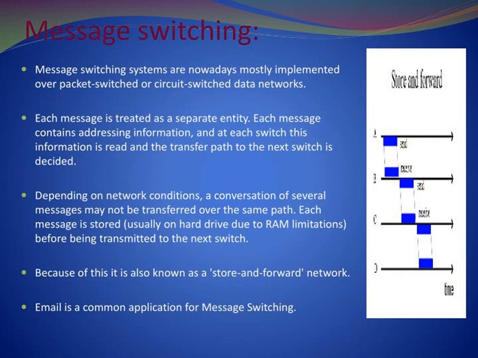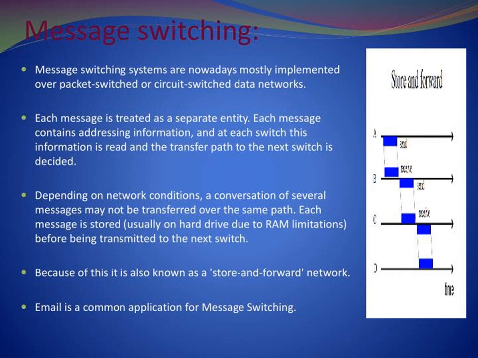Message switching. Message switching systems are nowadays mostly implemented over packet switching or circuit switching data networks. Each message is treated as a separate entity. Each message contains addressing information, and at each switch this information is read and the transfer path to the next switch is decided.